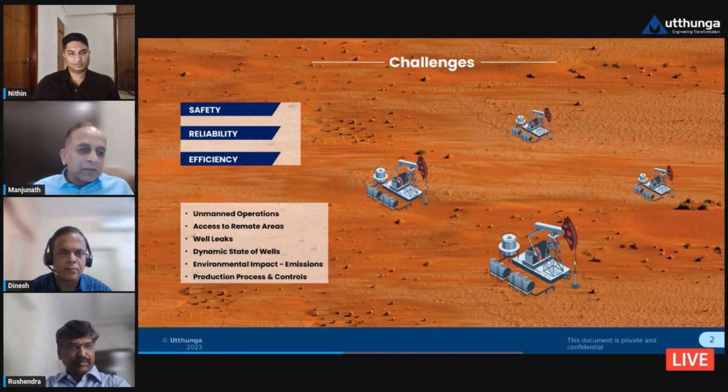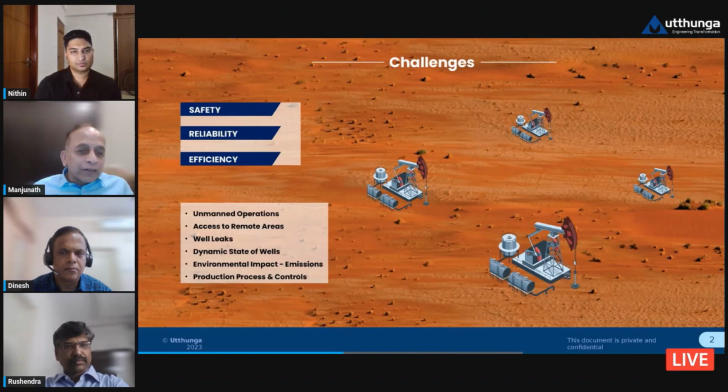These oil fields are scattered over miles and square miles, square kilometers, so big and huge. The wells are in isolated places, and there is normally unmanned operation. But once unmanned operation takes place, safety concerns rise exponentially.